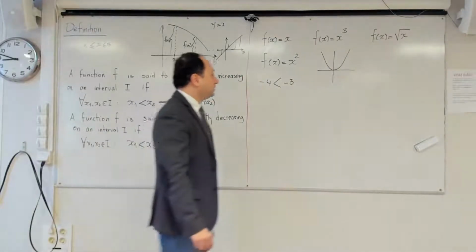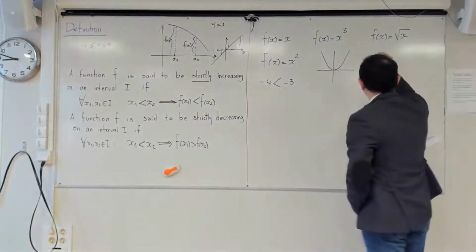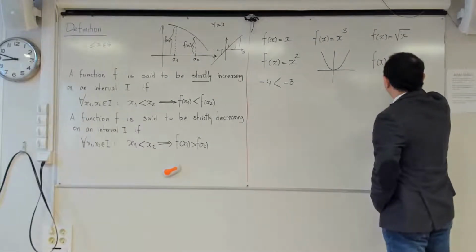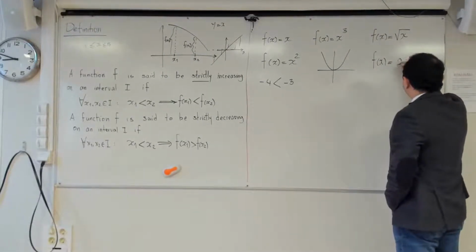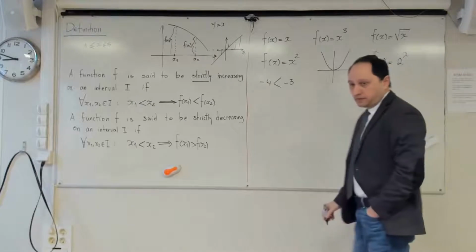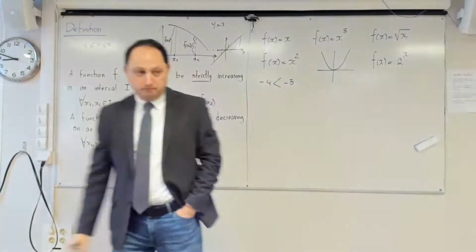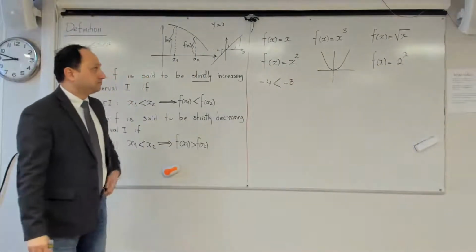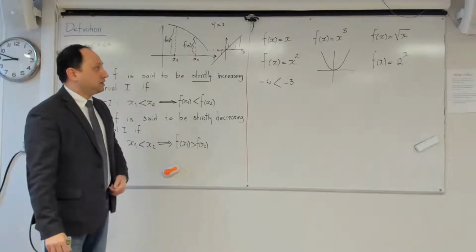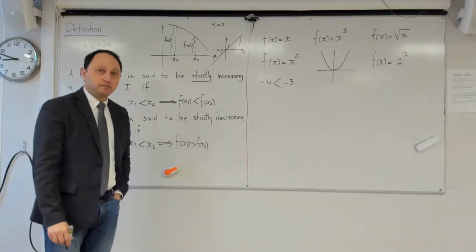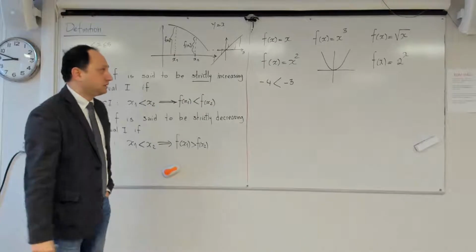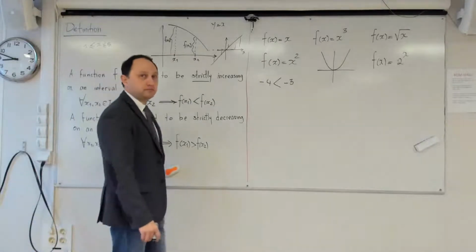So for example, what do you think about this function? f of x is equal to 2 to the power x. Is this function increasing or decreasing? Or does it have different behaviors?